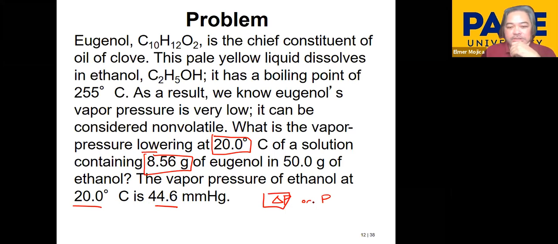But for your understanding, we can also get the other one. So how are we going to look at this? The first thing for you to do, I'm going to put a whiteboard just in case, is to get the moles of the material that you have there. So you have 8.56 grams divided by the molar mass of eugenol, 164.22 grams per mole.